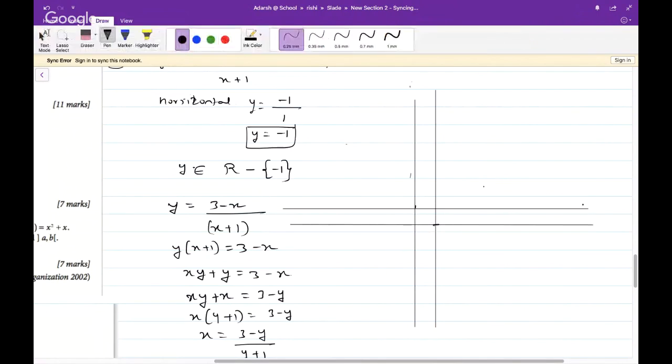This was your x-axis and y-axis. So x cannot be negative 1 and y cannot be negative 1.